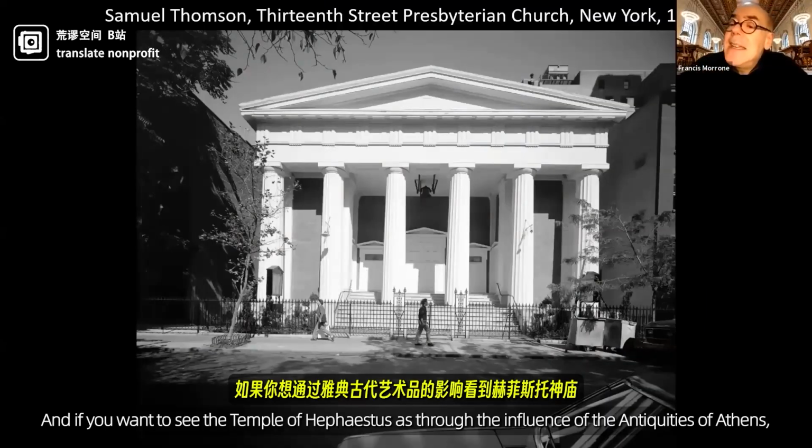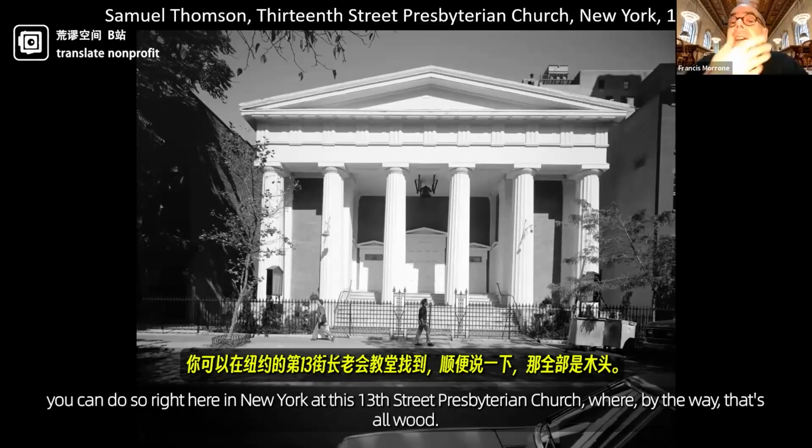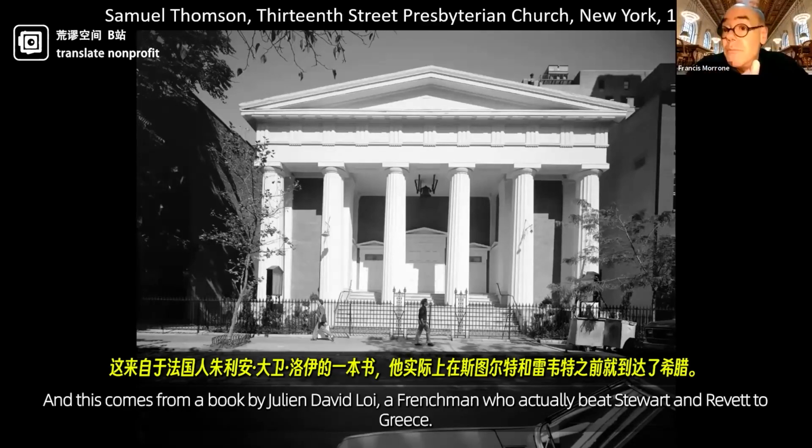And if you want to see the Temple of Hephaestus as through the influence of the Antiquities of Athens, you can do so right here in New York at this 13th Street Presbyterian Church, where, by the way, that's all wood.